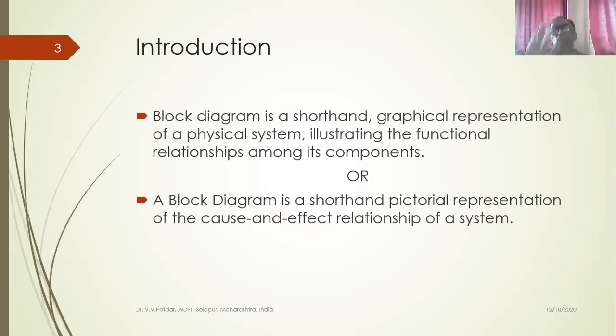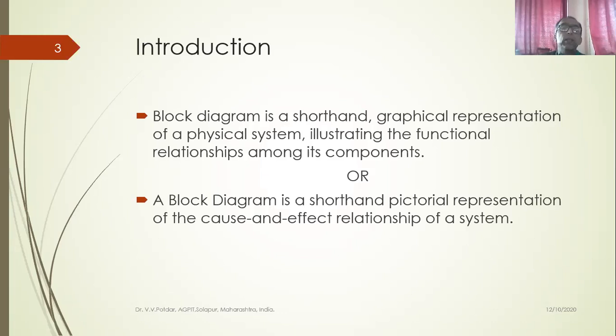So this is how the block diagram algebra rules help us in understanding the process first, in understanding the operations, and then in analyzing those plant elements, and it helps us in arriving at the input-output relationship for the entire plant. So this is the benefit of this block diagram representation.